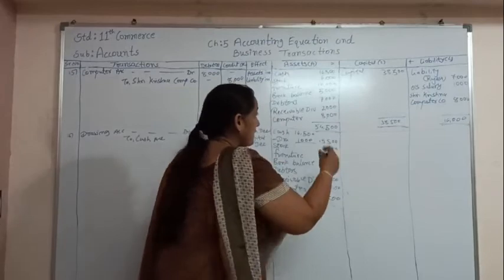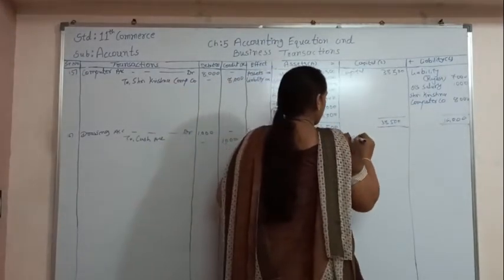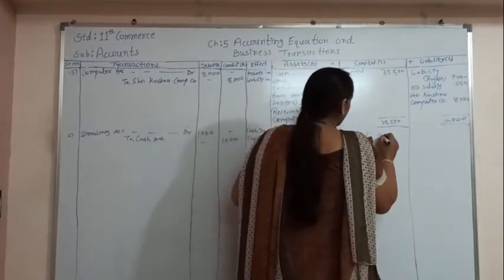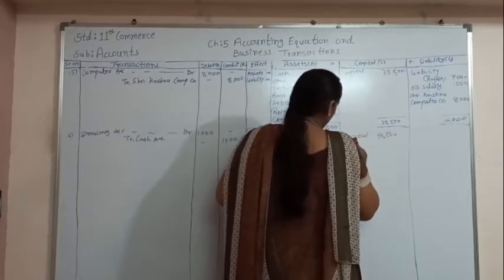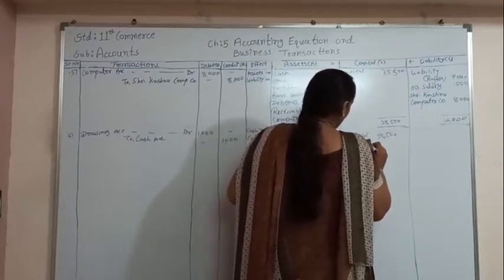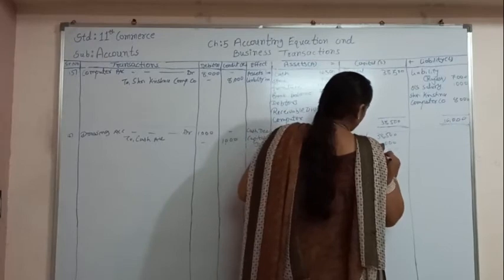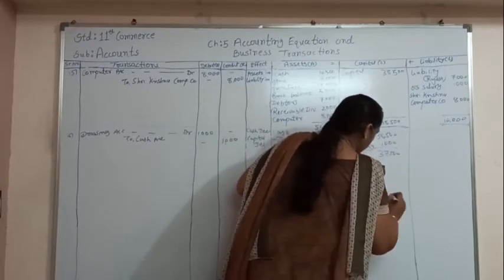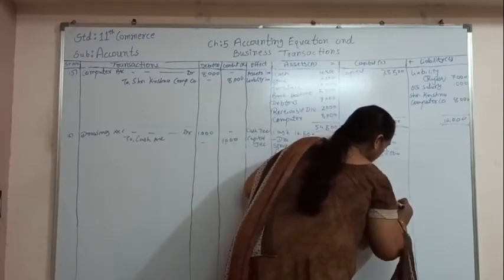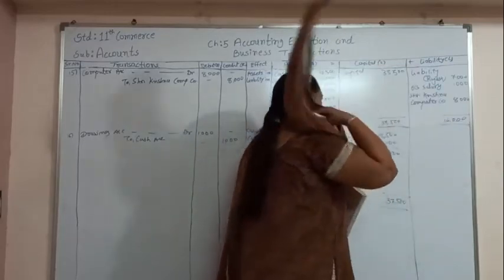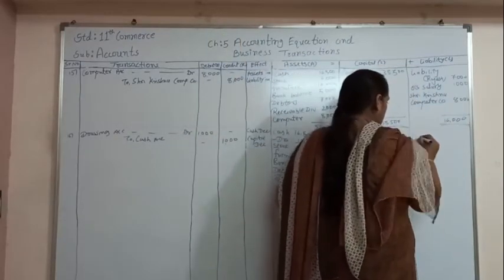So the total will be 53,500, and here capital is going to be decreased by 1,000. So 38,500 minus drawing 1,000, so it will be 37,500. So the total will be 37,500, and liability again we are going to write down the same.